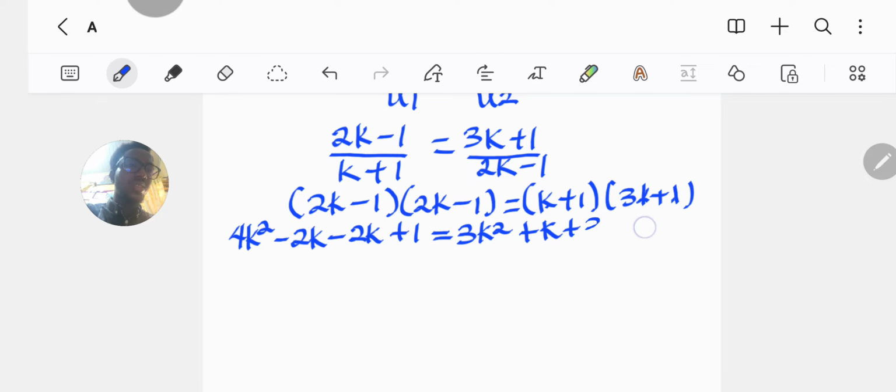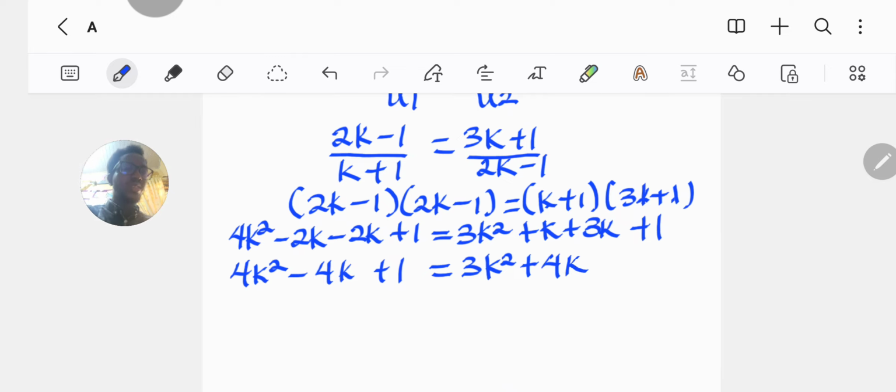And 1 times 1 will give us 1. Alright, so from here we can see that 4k squared minus 2k minus 2k gives us minus 4k plus 1, which is also equal to 3k squared plus k plus 3k, which is going to give us 4k, plus 1.